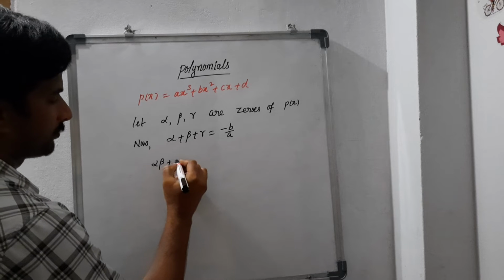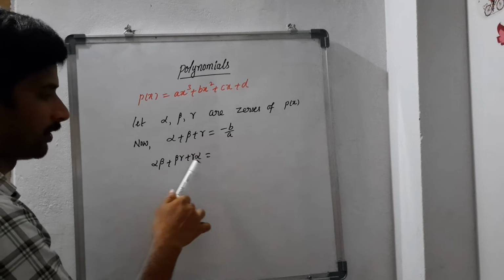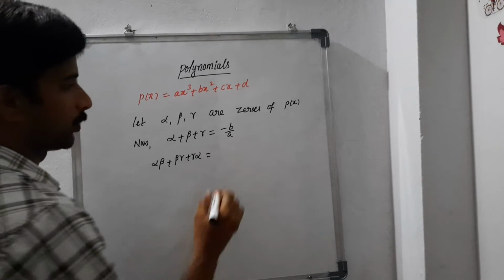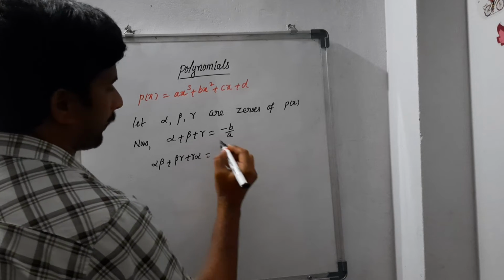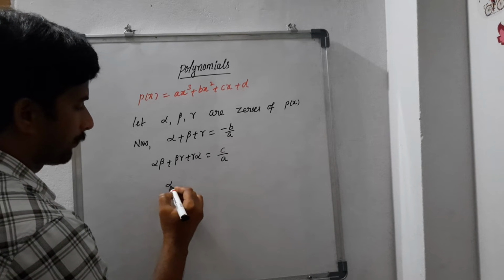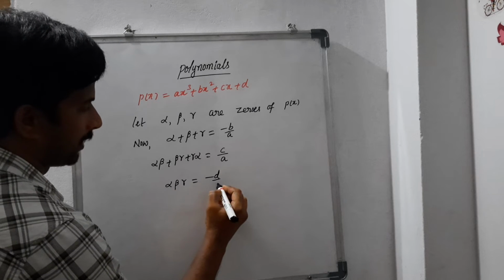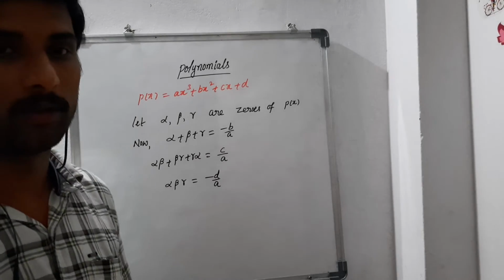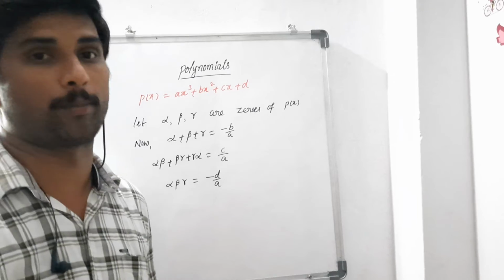Alpha beta plus beta gamma plus gamma alpha, the sum of the product of the zeros, is equal to c by a. And the product of the zeros, alpha beta gamma, is equal to minus d by a. So this is the relation between zeros and coefficients of the cubic polynomial.